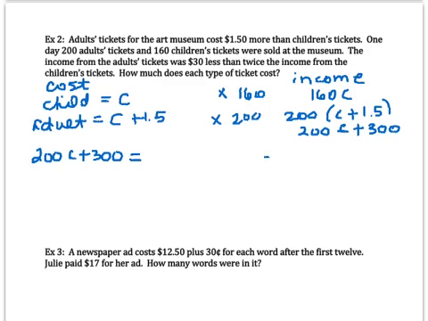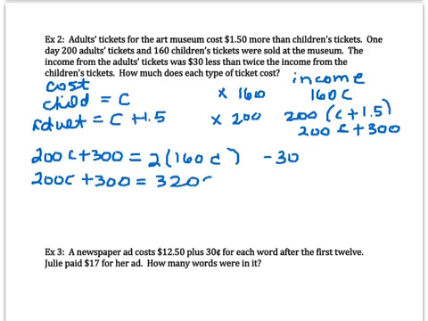So we're going to end up subtracting 30. So twice the income from the children's tickets is 2 times 160C. And there's our equation. So let's simplify this a little bit. We got 200C plus 300 equals 320C minus 30. And we can combine like terms and solve.